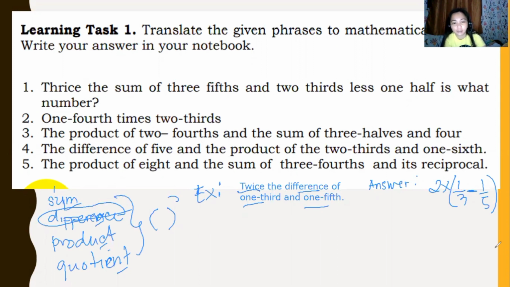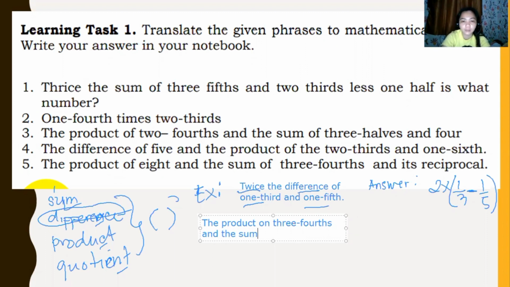Let's have another example. The product of 3/4 and the sum of 1/2 and 1/4.